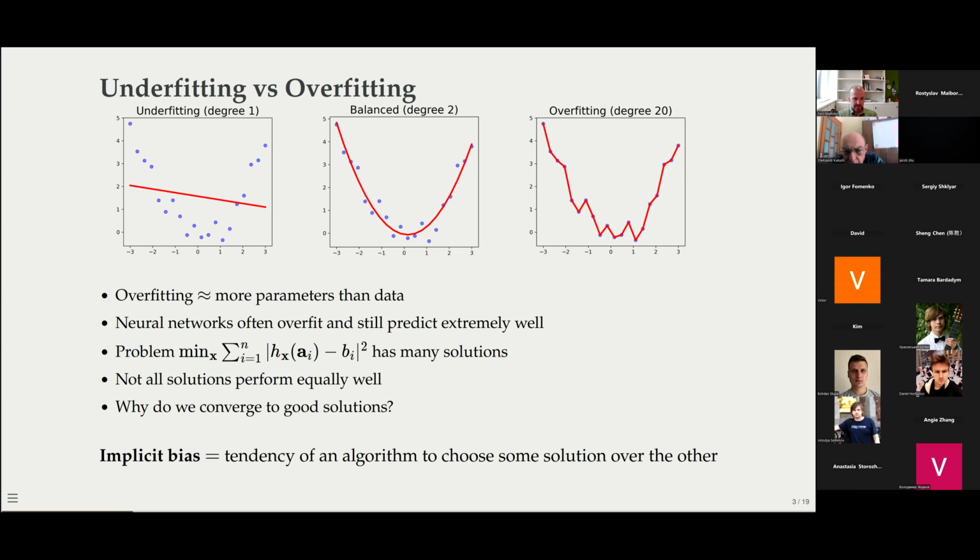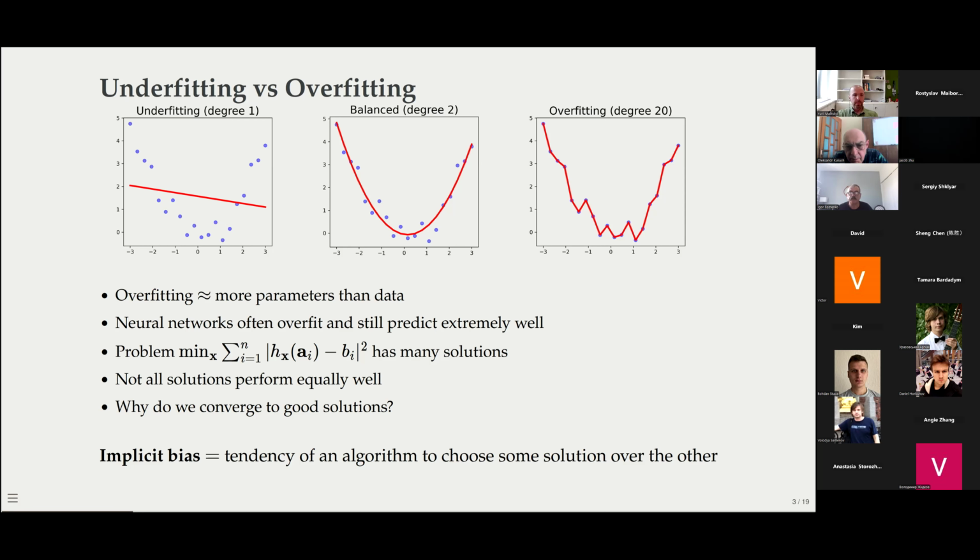Somehow something that we have very little control over, and the algorithm is smart enough to choose the solution we want. That's what we are going to talk about, and now I will illustrate how different algorithms have different implicit bias.